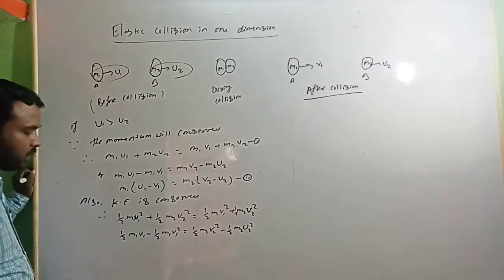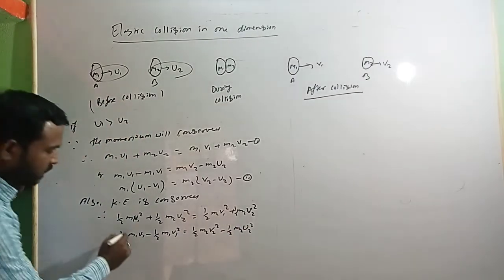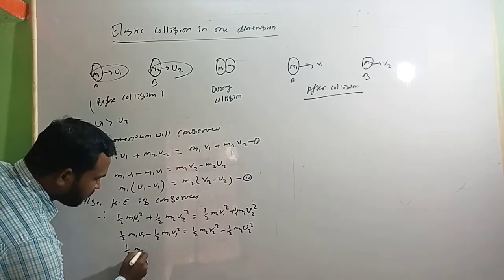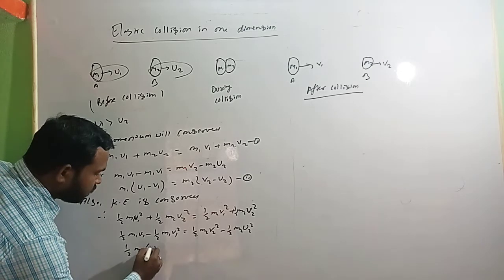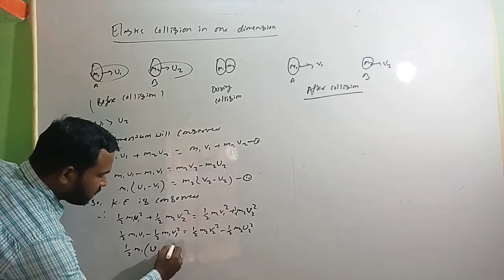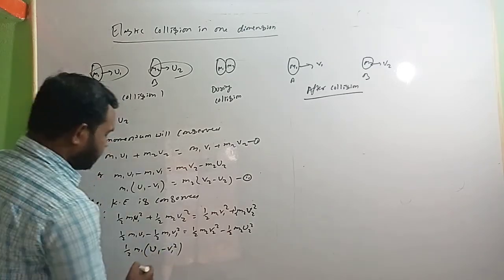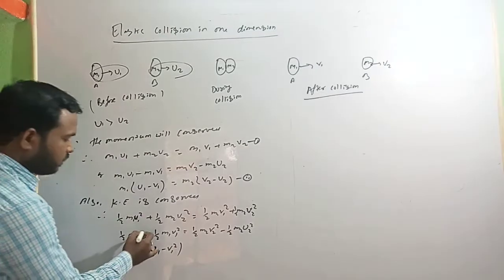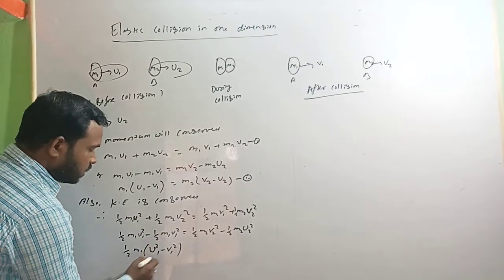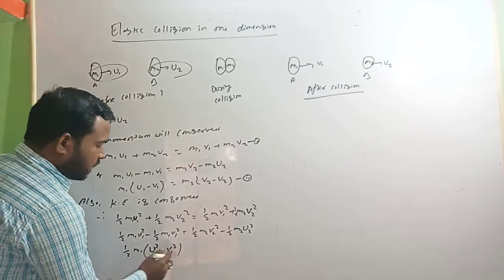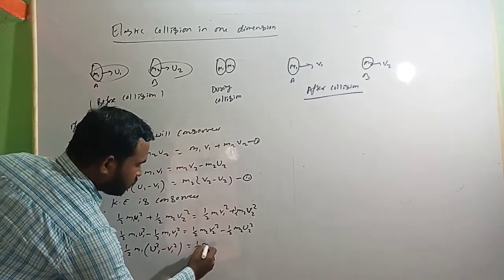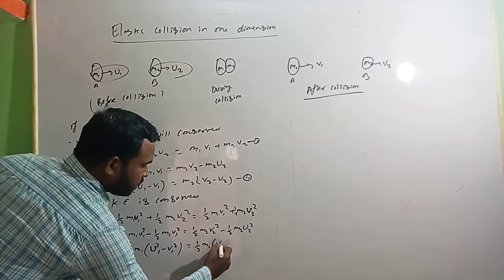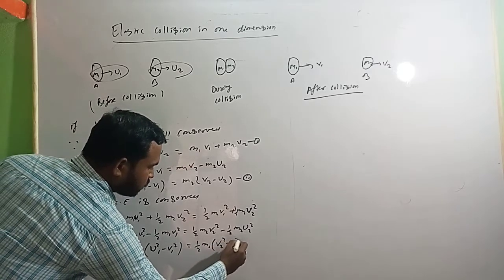Can we write? Okay. So again take common half m1: u1 square minus v1 square is equal to half m2 times v2 square minus u2 square.